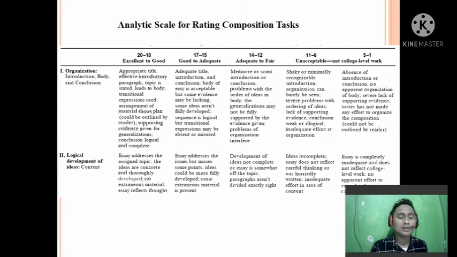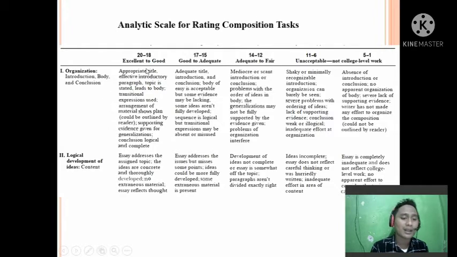Okay, the last type is analytic scoring for writing composition tasks. We must analyze the skill of the student's writing ability. Like this one, the topic is organization: introduction, body, and conclusion. We must analyze the student's skill when they write: a project title, objective, introductory paragraph, topic stated, lead to body, transitional expressions used, arrangement of material planned, and supporting evidence given for generalization.